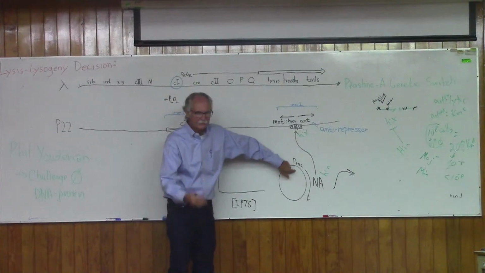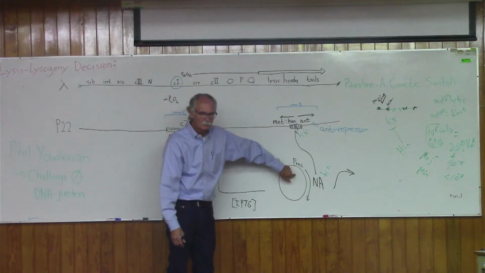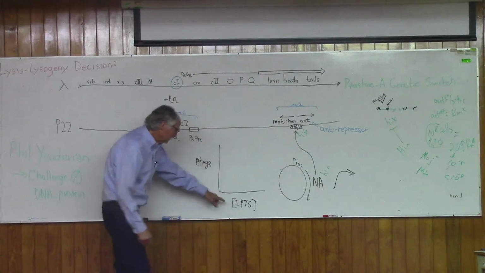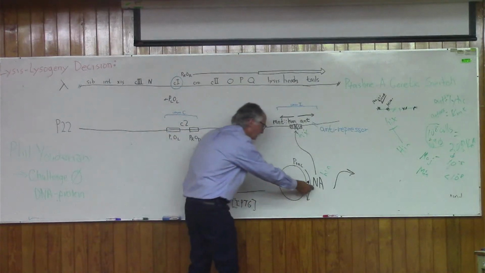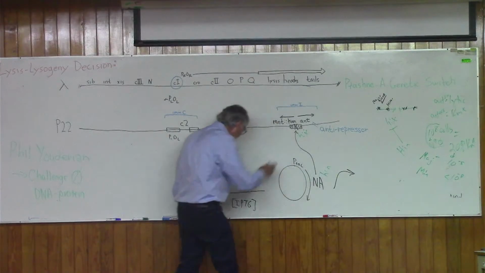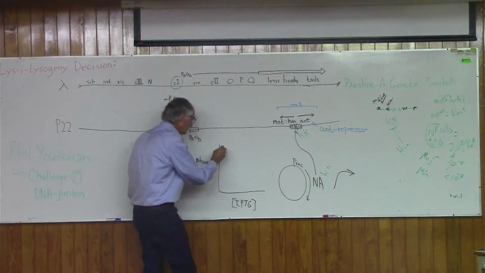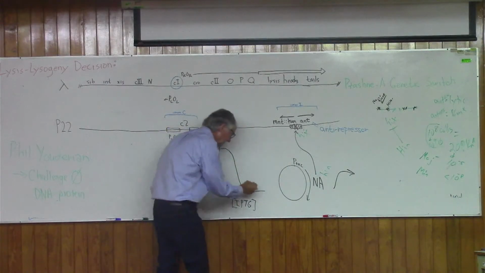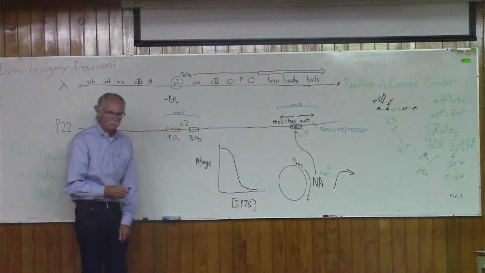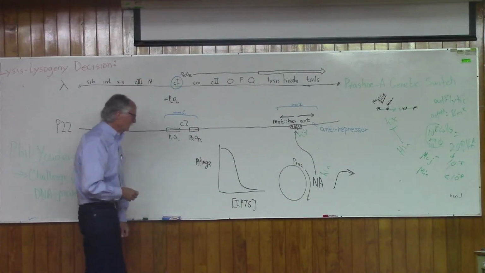You can put your favorite promoter here. This is just a plasmid. So the amount of IPTG you have: if you have very little IPTG, you're not going to be making much protein. You'll get lysis, so you have a lot of lysis, and the more IPTG you add, the more lysogens you get.